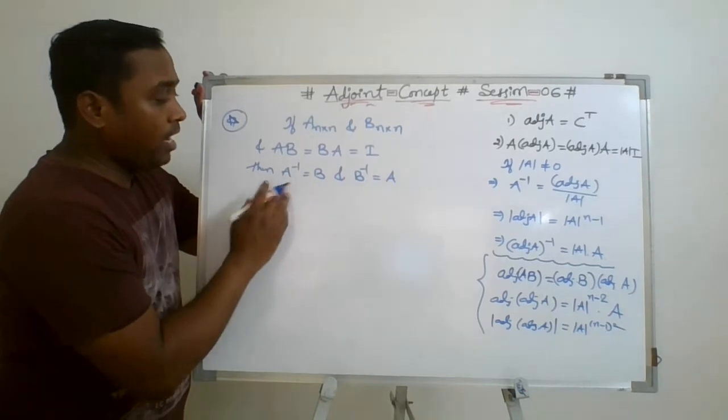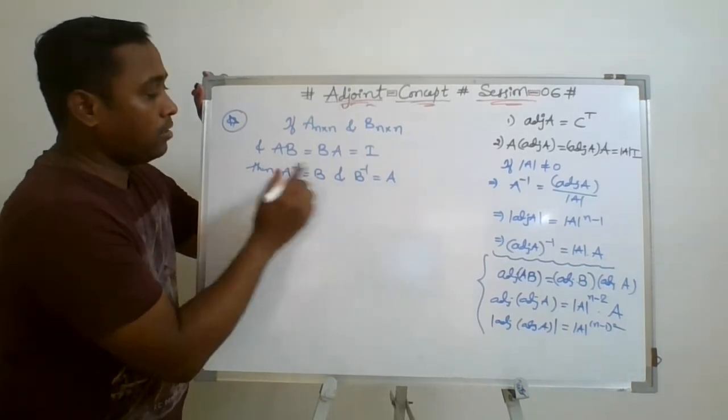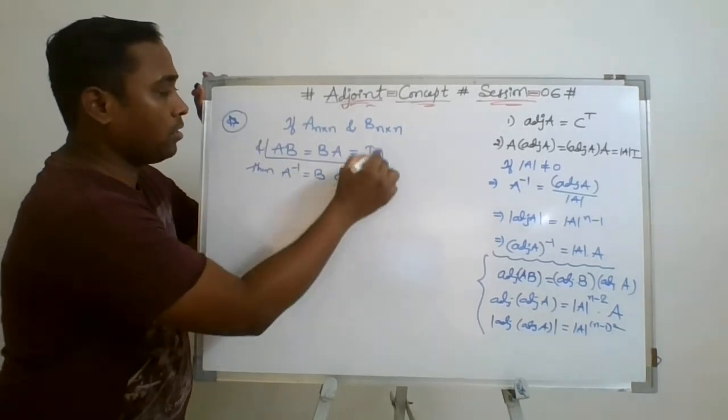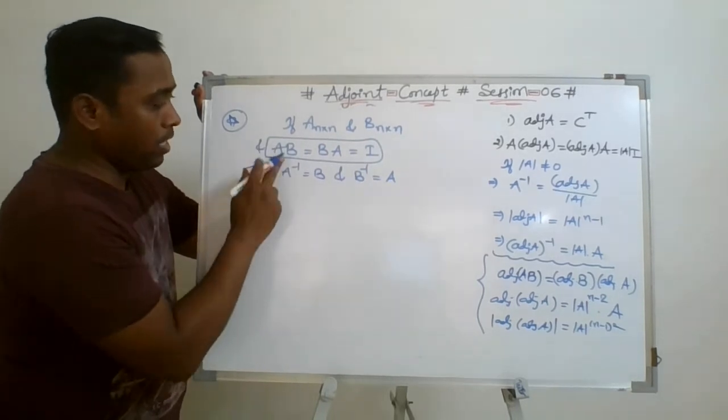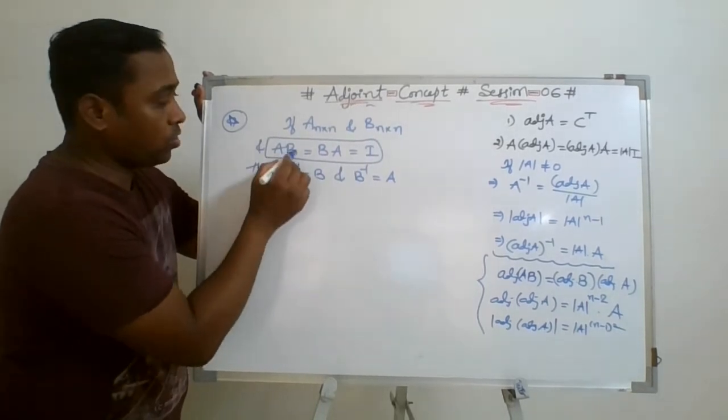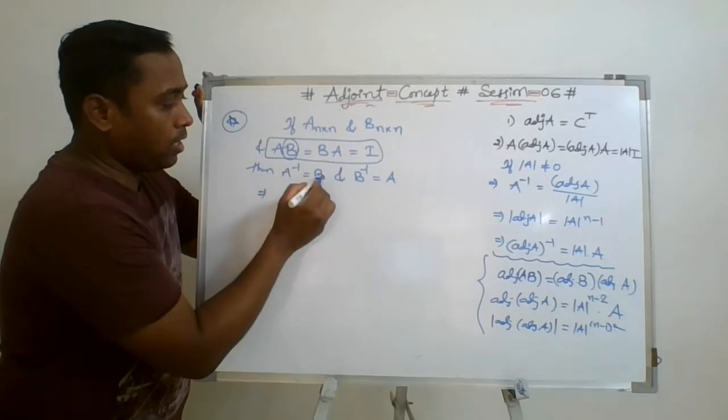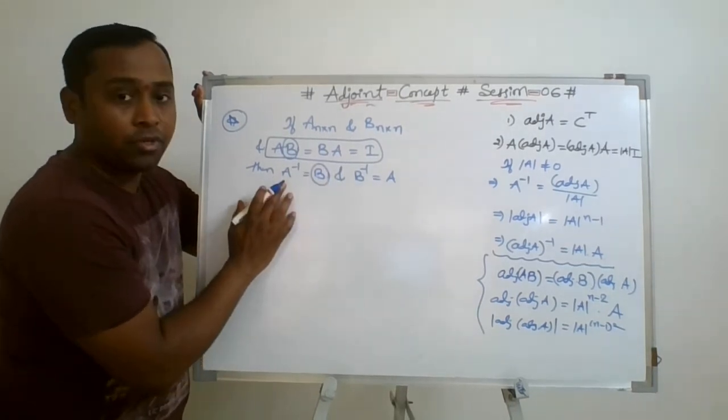Now if A inverse is B and B inverse is A, this same result can also be stated as B is the inverse of A. So this B can be replaced with A inverse.